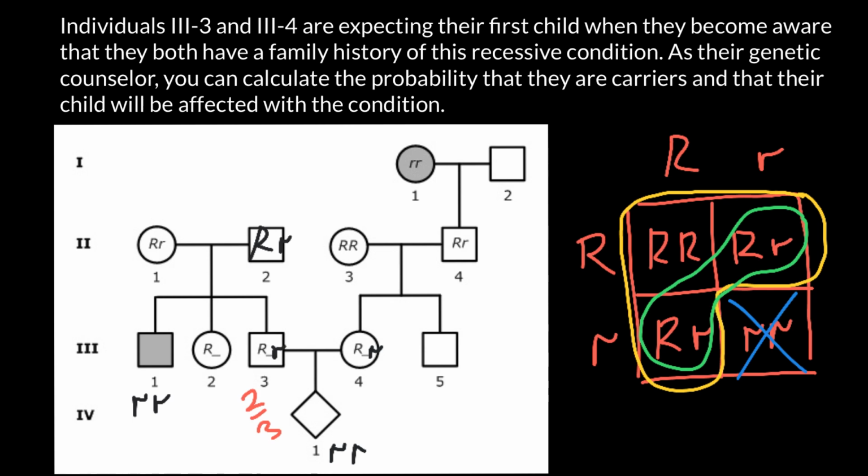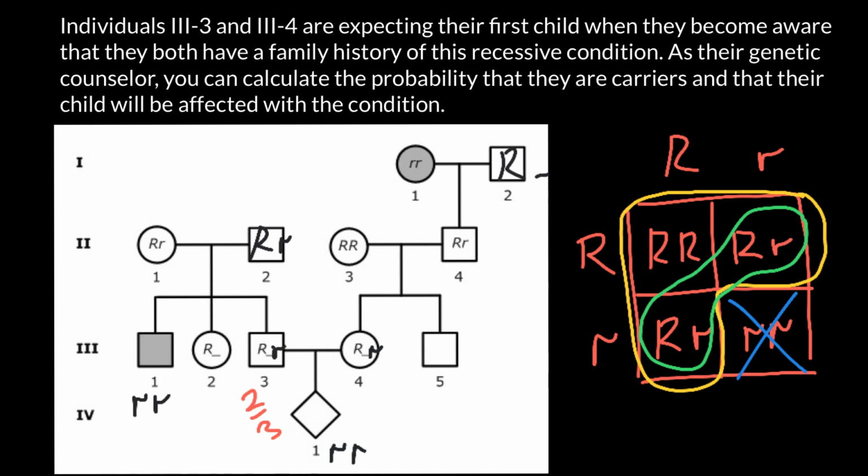Now let's find the probability for this female also to be heterozygous. So let's analyze what we see here. We see here that this female is affected, and it is obvious that her genotype is small r, small r. And we know that this person is heterozygous, so that means that his father can be of two genotypes, capital R, or capital R, small r.